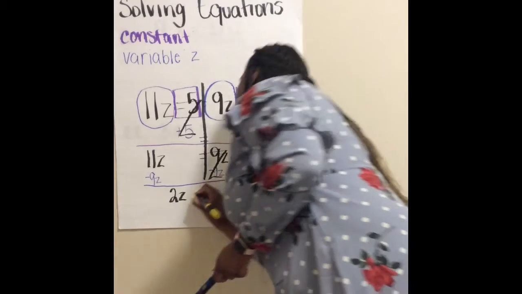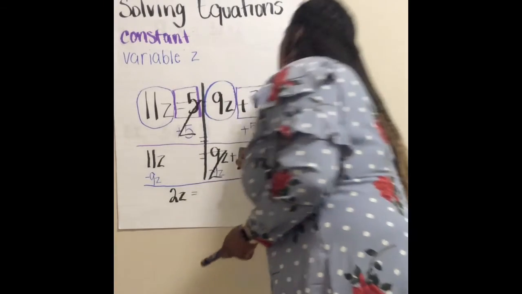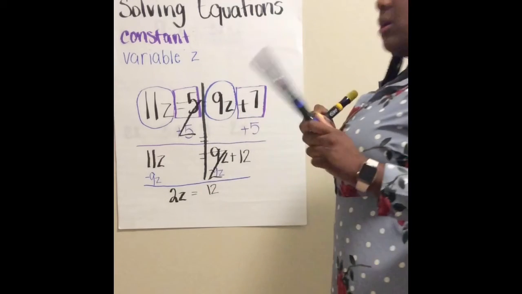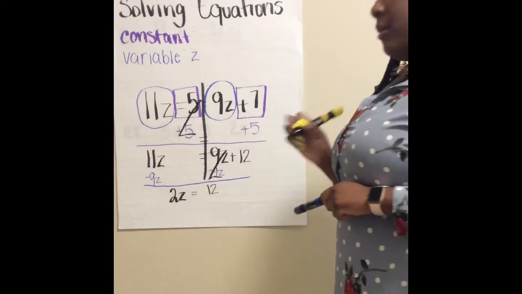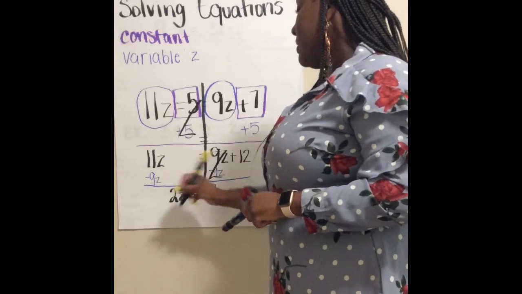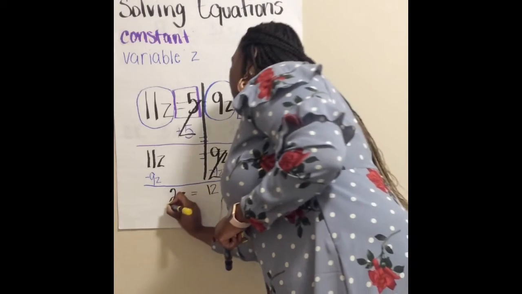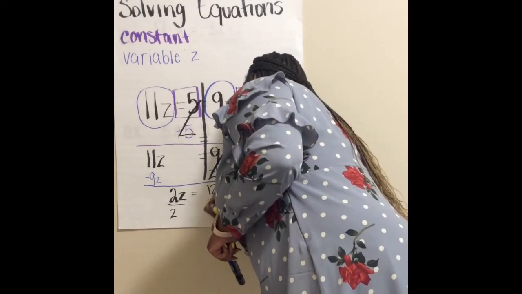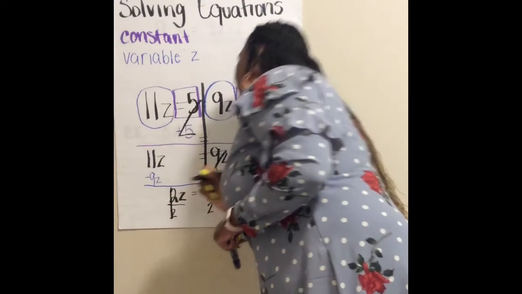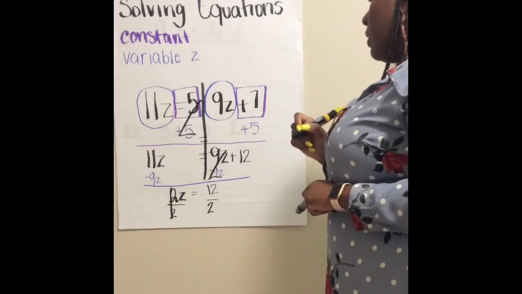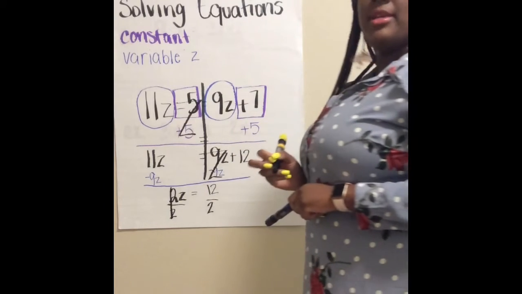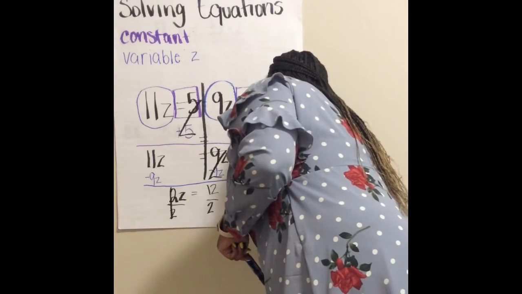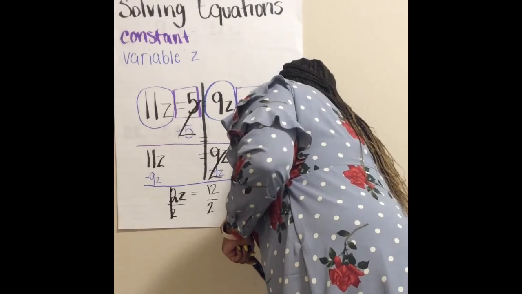Equals, we bring down our 12. So are we done? No, because z has to be by itself. So now we divide by 2. Divide by 2. That cancels. We're left with what? 2 goes into 12 how many times? 6. So z equals 6.